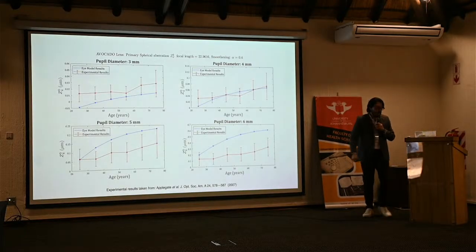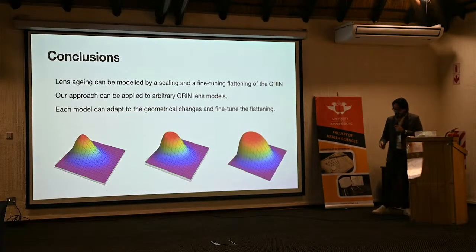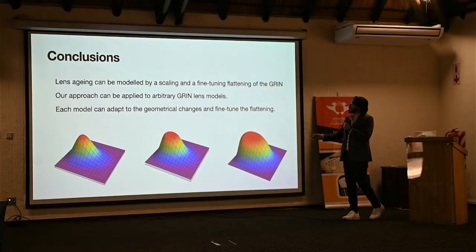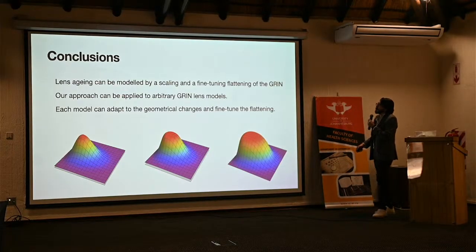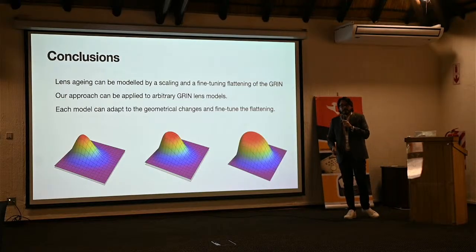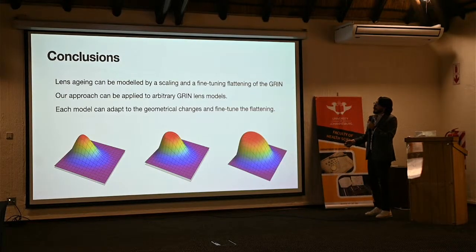Then what we conclude is that, maybe roughly, we can address the lens aging process by scaling and fine-tuning flattening of the gradient. Our approach can be applied to an arbitrary gradient lens model. And of course, each model can adapt the geometrical changes to the fine-tuning flattening transformation.